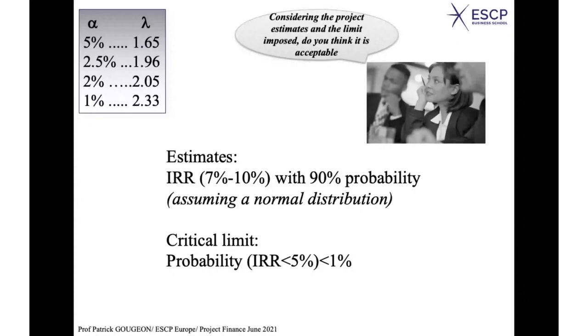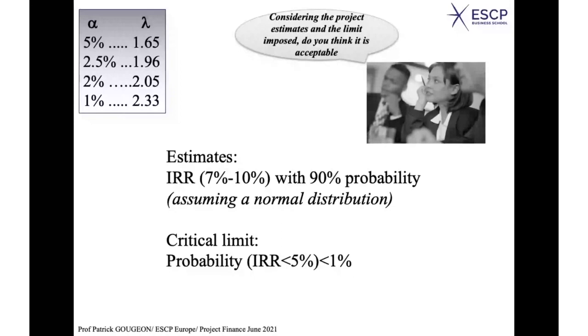And let's assume a normal distribution. So this is the result of your simulation and your analysis in terms of probability. Your critical limit: you want to make sure that the probability of an internal rate of return lower than 5% will be lower than 1%. Okay?